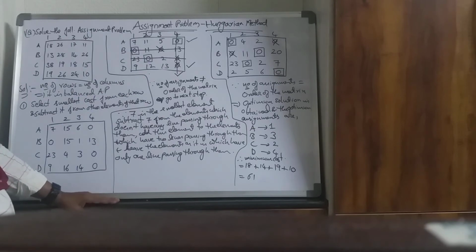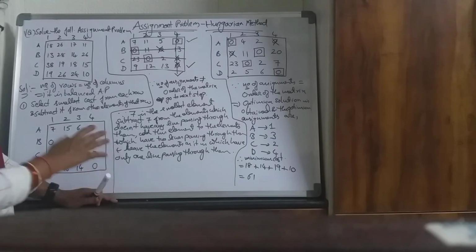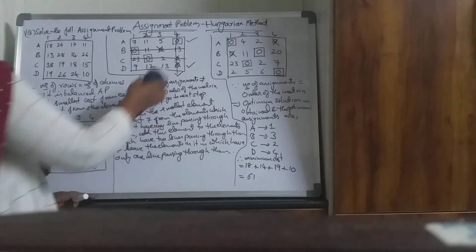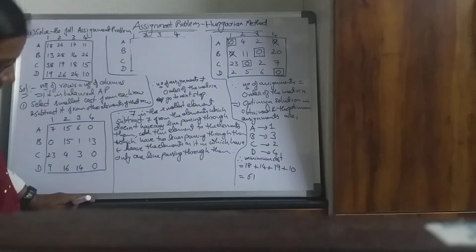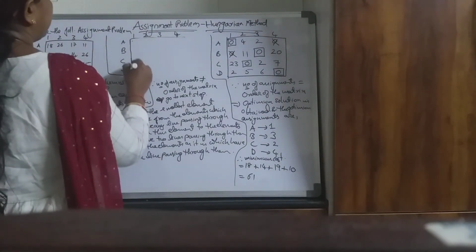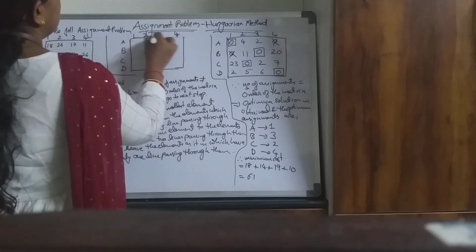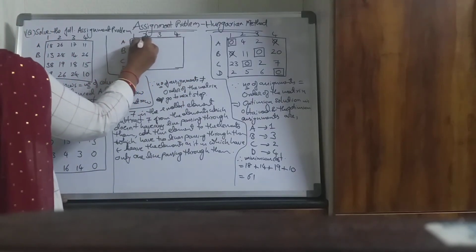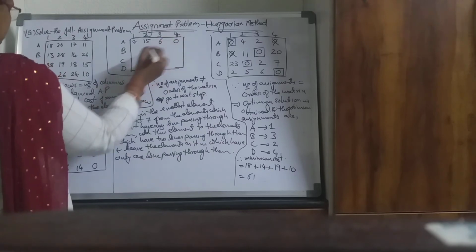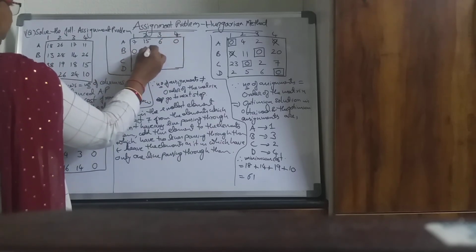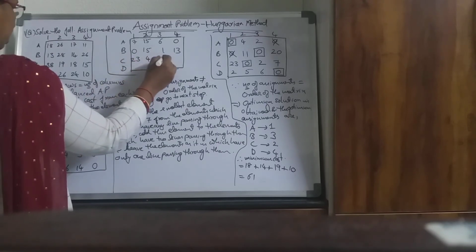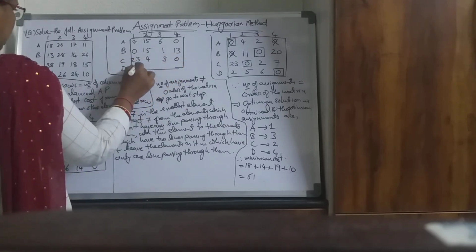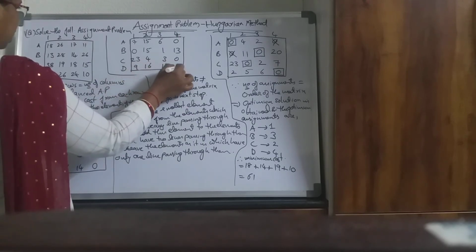Now we have to make an assignment. How we made assignment? Again I will do it so that it will be easy for you to remember it. So how did we make the assignments here? I'll write this value 7, 15, 6, 0, 0, 15, 1, 13, 23, 4, 3, 0, 9, 16, 14, 0.